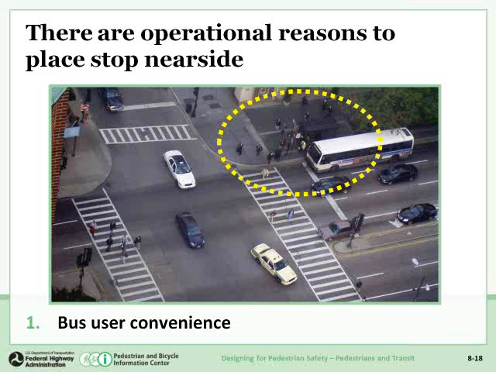As you can see in the picture right here, there's an aerial view of an intersection, and the bus is waiting on the near side of the intersection. That circled area is illustrating that the pedestrian traffic generator on that corner is really a lot higher than that on the far side of the intersection. So placing the bus stop on the near side would be more logical in this case, because you result in fewer pedestrians crossing.